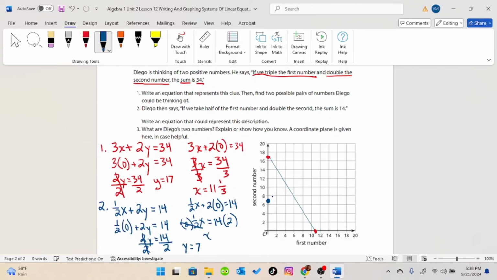So we have x equals 28. So when y is 0, x equals 28. And now we can draw our line here.